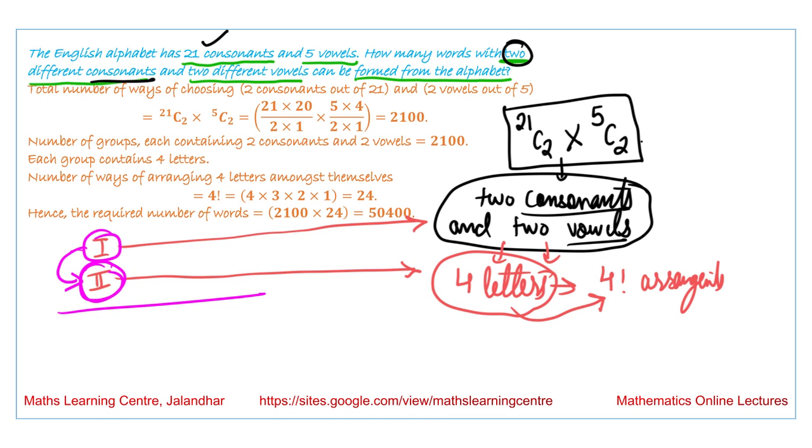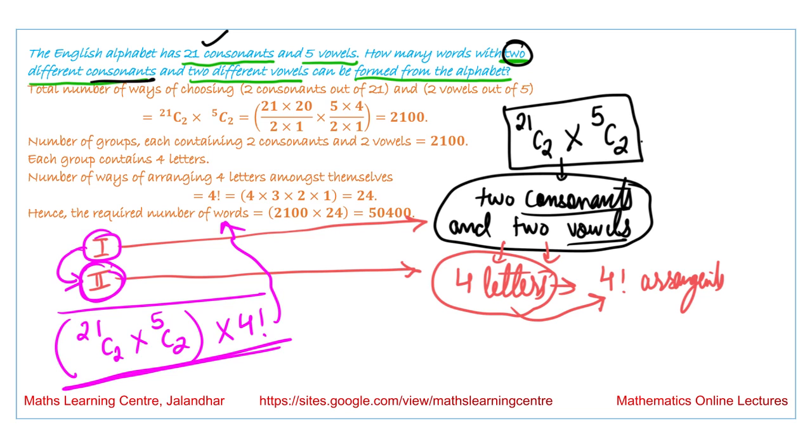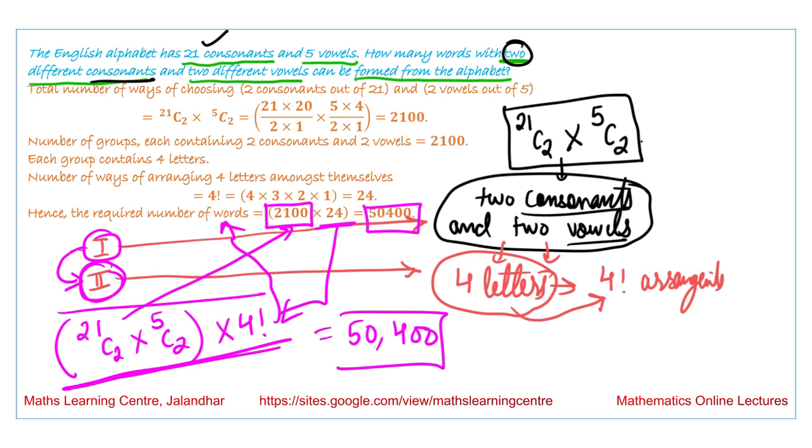So using the fundamental principle of multiplication, the answer we obtain is 21C2 into 5C2 into 4 factorial words that can be formed. And when we solve these values, the answer we obtain is 2100 into 24, that is equal to 50400. So these many words can be formed.